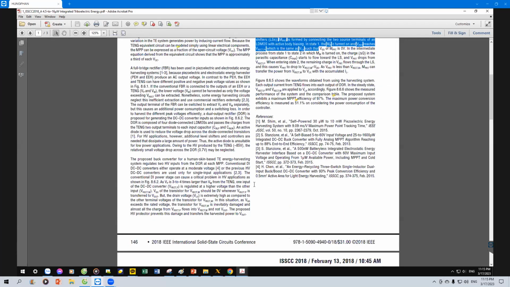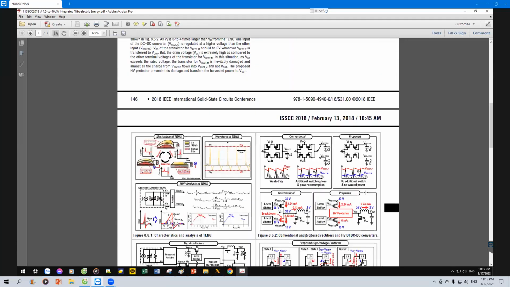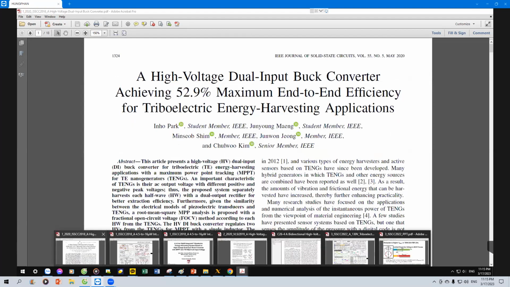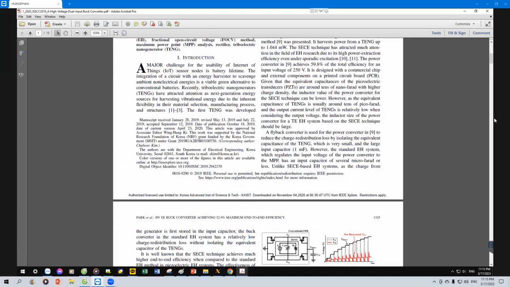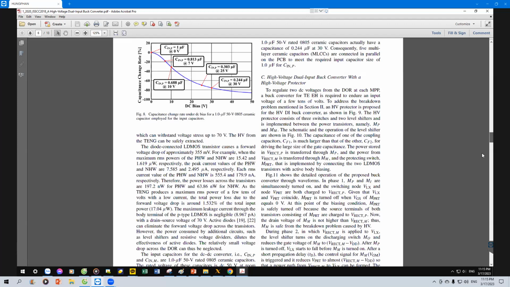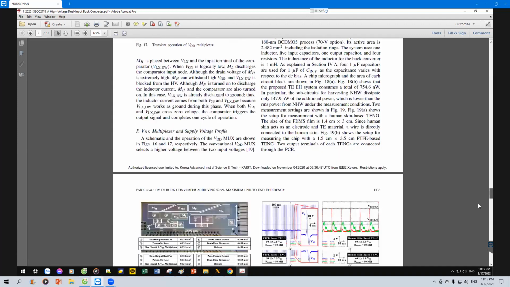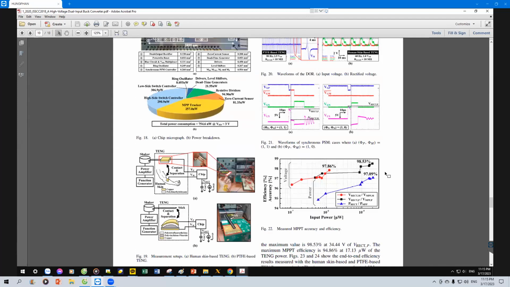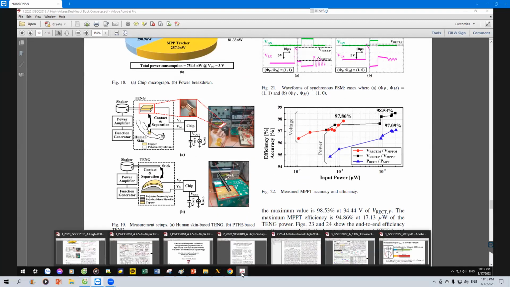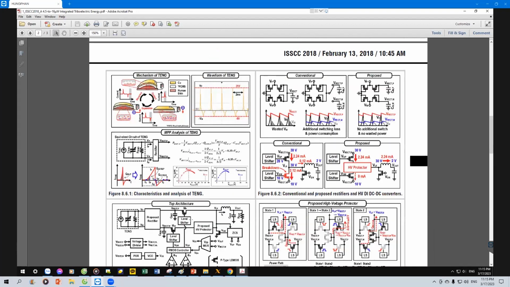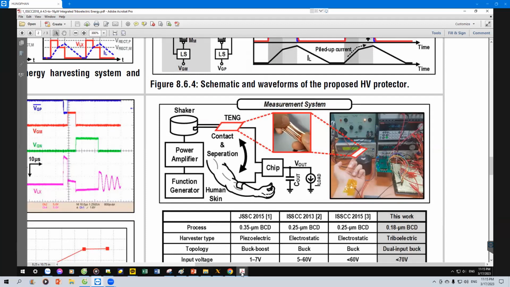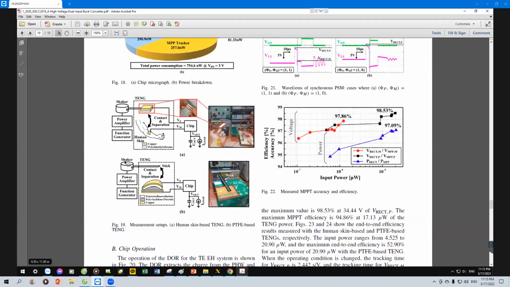However, they are the same work, right? The same figure here, and you can see the journal here. They change a little bit in the figures, but it is the same work. You can see the measurement, the same measurement setup, right? Measurement here and measurement here.